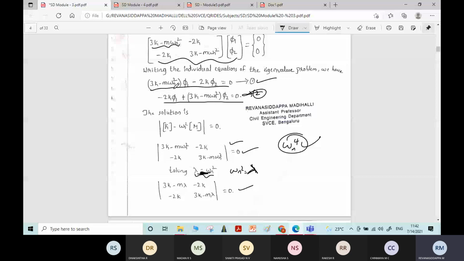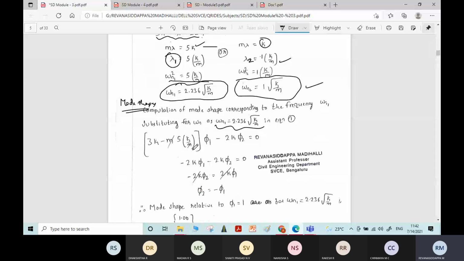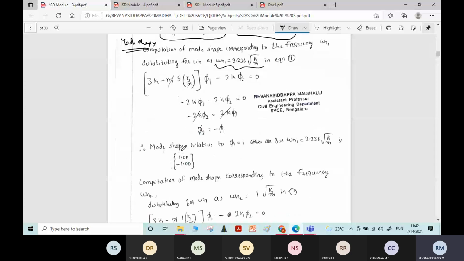Omega n1 square is 5 into k by m, that is substituted here, and m got cancelled. 3k minus 5k is equal to minus 2k into pi 1, minus 2k into pi 2 equal to 0.